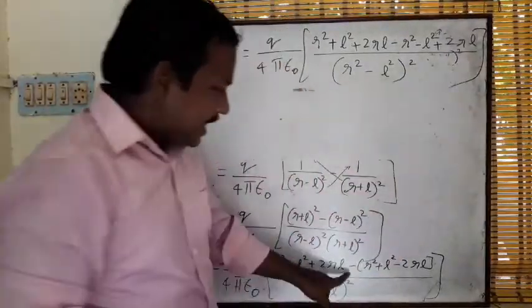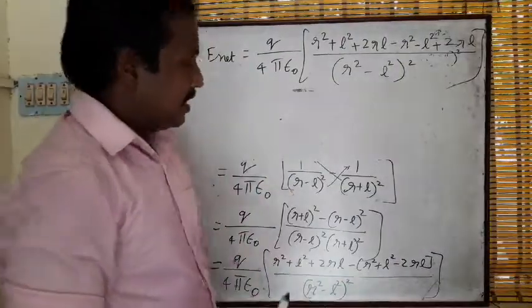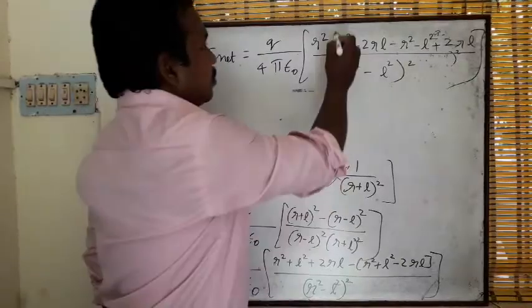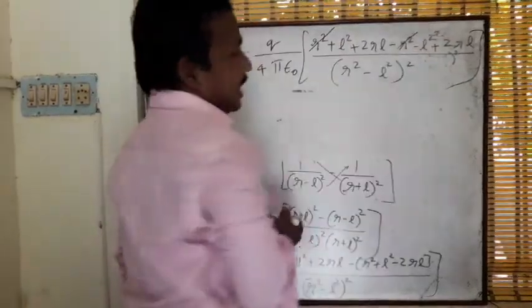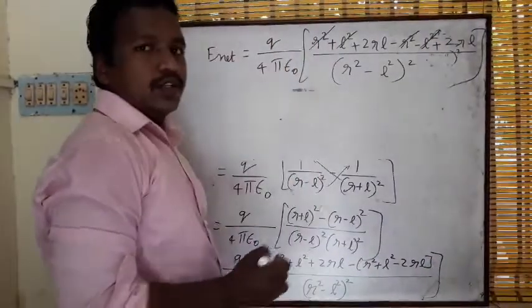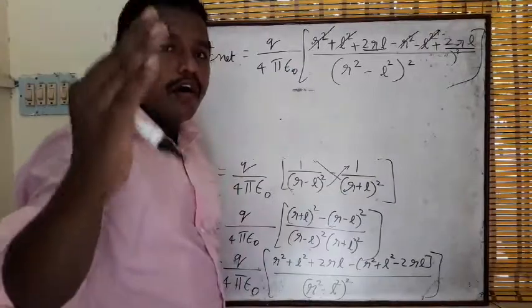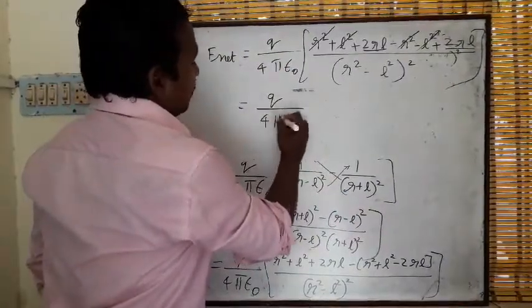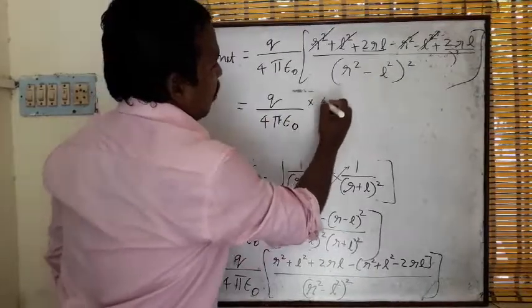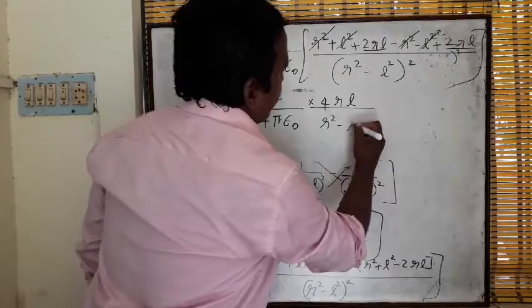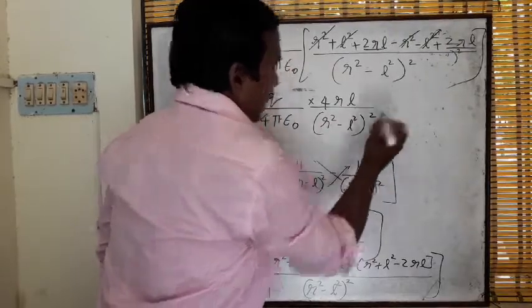This minus sign I have taken inside, so minus R square minus L square plus 2RL. So R square gets cancelled, L square gets cancelled, and 2RL we will get as 4RL. So Q divided by 4 pi epsilon naught, 4RL divided by (R square minus L square) whole square.